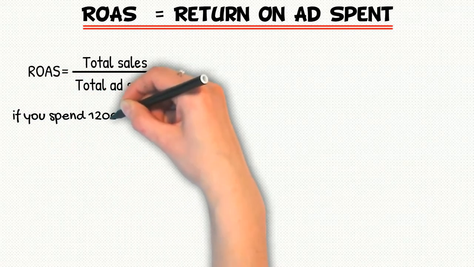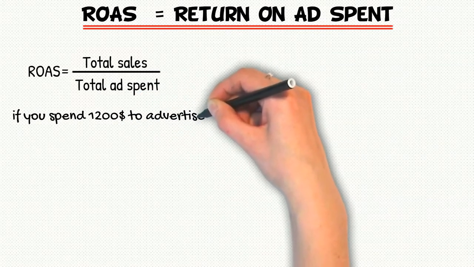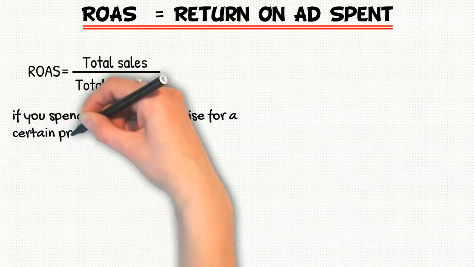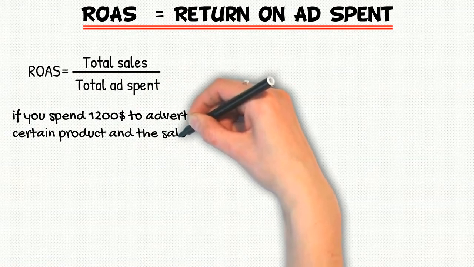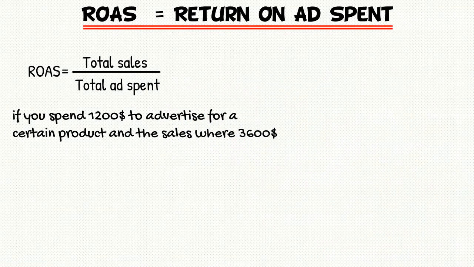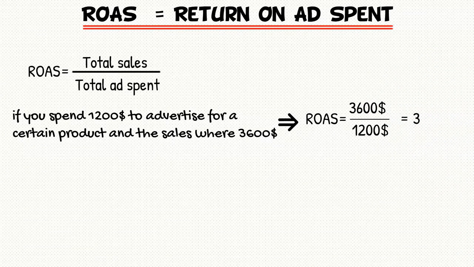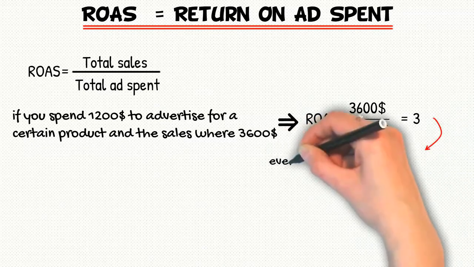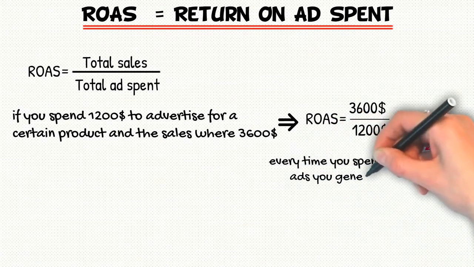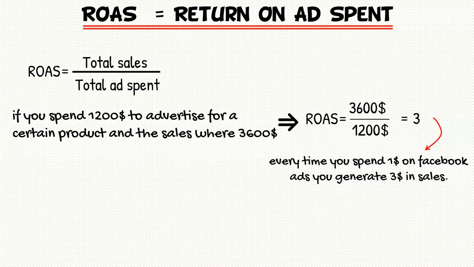If you spend $1,200 to advertise for a certain product and the sales were $3,600, then your ROAS is equal to 3,600 divided by 1,200, which is equal to 3, which means that every time you spend $1 on Facebook ads, you generated $3 on sales.